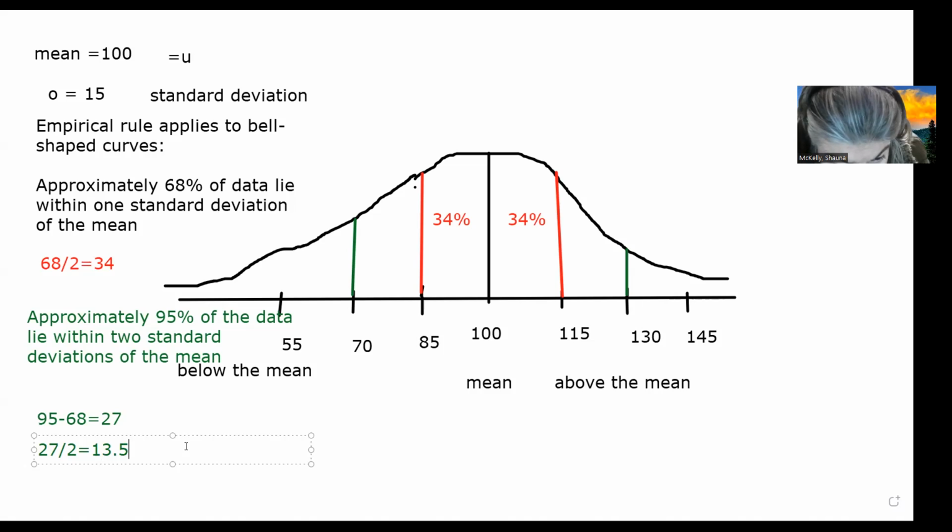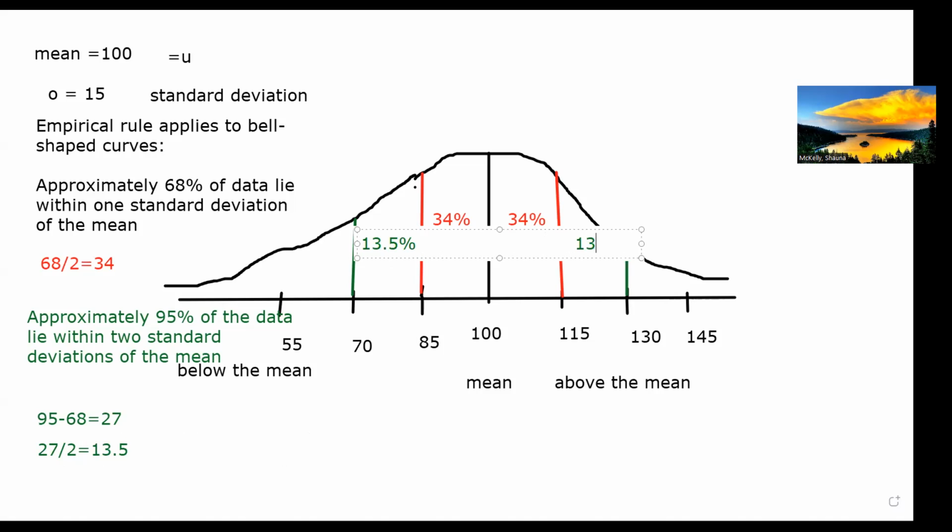Okay, so then that means that this area here is 13 and a half units, or 13.5%, I should say. That's 13.5%. And so is this other area here on the other side, this corresponding piece of area here, okay?